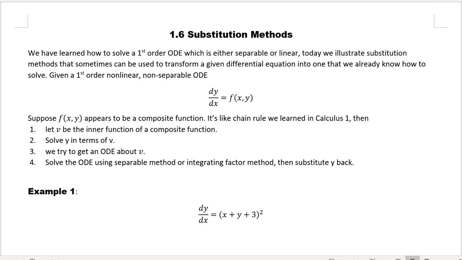We can let v be the inner function of a composite function, and we can solve y in terms of v. Okay? And then we try to get an ODE about v. And then we can solve the ODE using the separable method or the integrating factor method. Then we can substitute the y back.